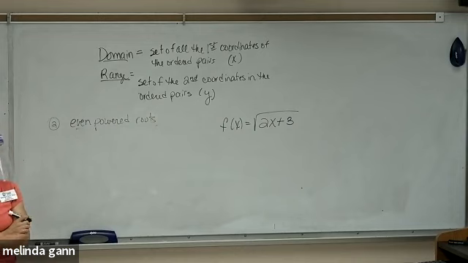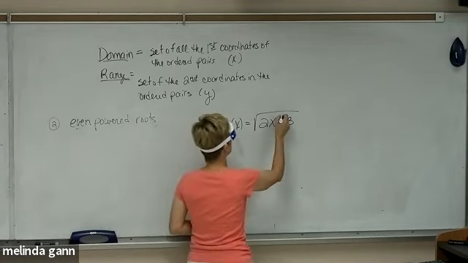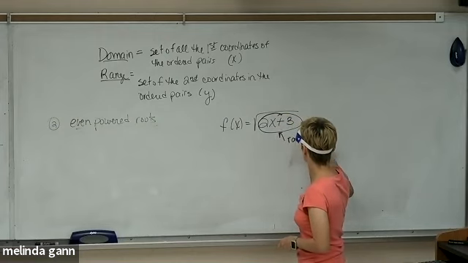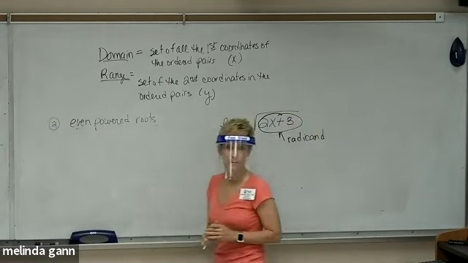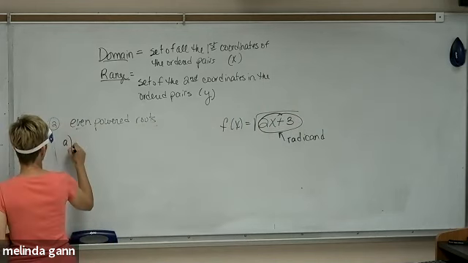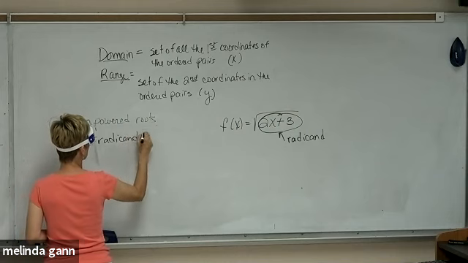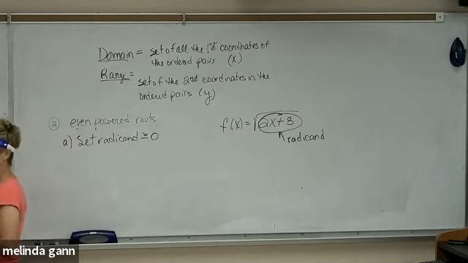So what do you think would be the best thing to do this time if I've got an even powered root to figure it out? Greater than or equal to 0. All right, now, with this junk under the root, the fancy word for the stuff under the root is a radicand. That's the stuff under the root. So you're telling me to set that radicand what? Greater than or equal to 0. Okay.